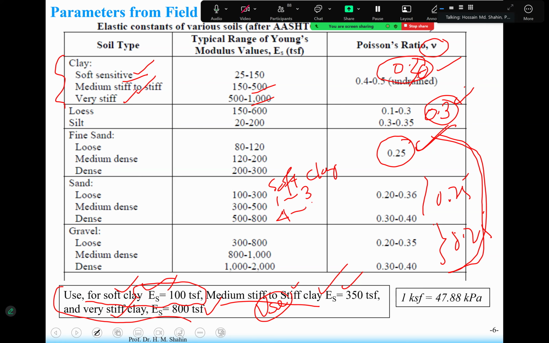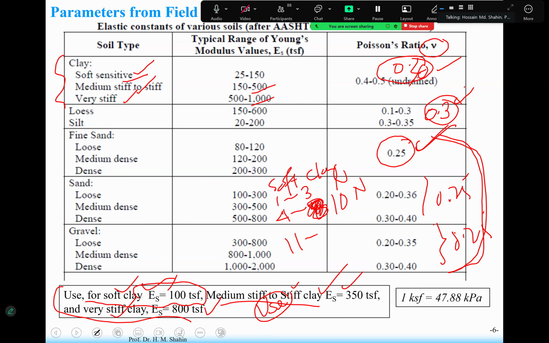Then 4 to 8 is medium stiff. 4 to 10, SPT N value, and then 11, medium stiff to stiff.